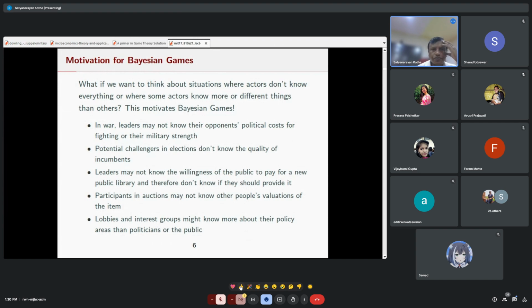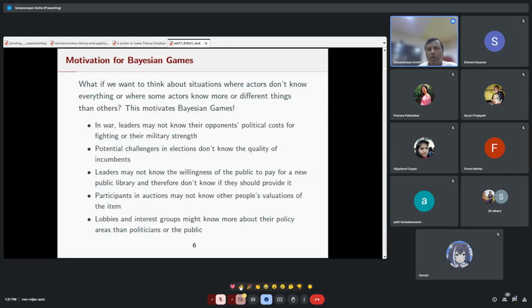Okay. So there are some examples typically given, but I had taken Indian examples, which are similar kinds of examples, of maybe war or the elections. And the third is the leaders may not know the willingness of the public to pay for a new public library, and therefore don't know if they should provide it or not. Correct.